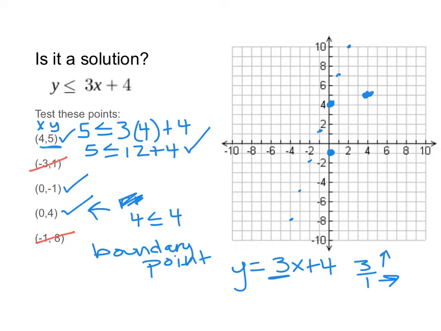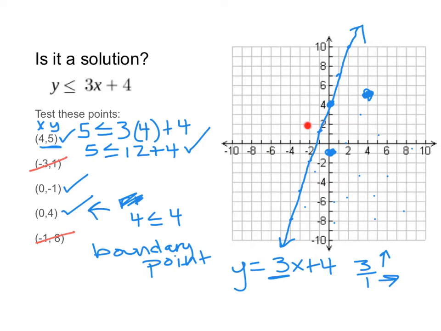And so all those points are going to work because if I put them in, I'm always going to end up with the number equals itself, which for this situation does work. So I'm going to draw on that line. And then we can see from the points that all the ones on this side over here, they were working, right? We found 2 of them. But the ones on this side over here, they didn't work, right?